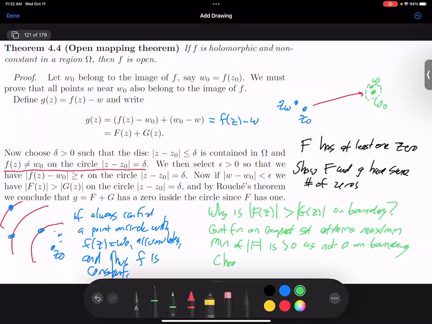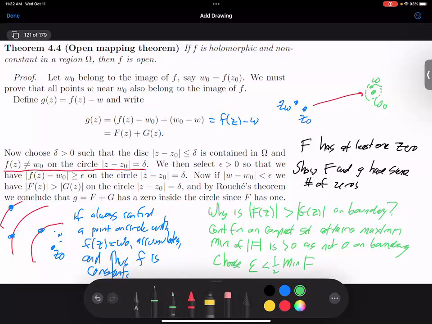Then just choose epsilon less than 1/2 of the minimum of f. I like to put the extra 1/2 to just cover myself, just in case I make any mistake later on. I've got a little bit of a fudge factor. But you're seeing that there's a lot of things in this paragraph that were not written down. As you go further and further in mathematics, there's less and less that's actually written down.